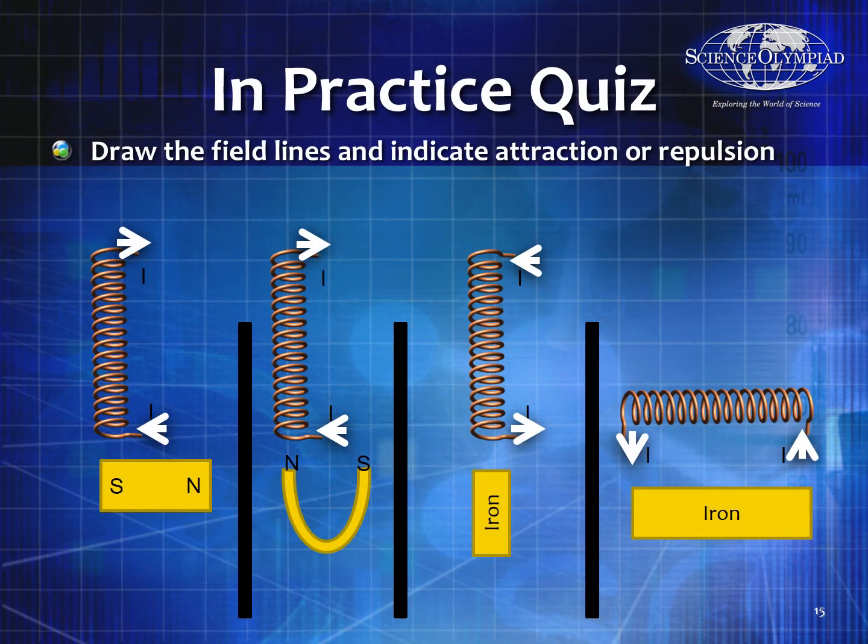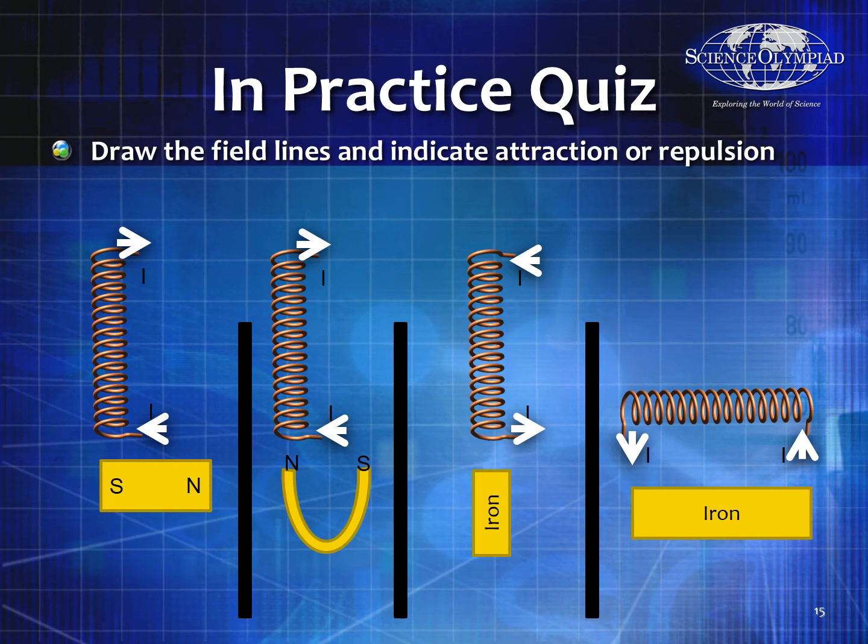So let's talk about how to draw these field lines and indicate attraction or repulsion. In these particular cases, I am taking the solenoid or the electromagnet and using it to replace the permanent magnet.